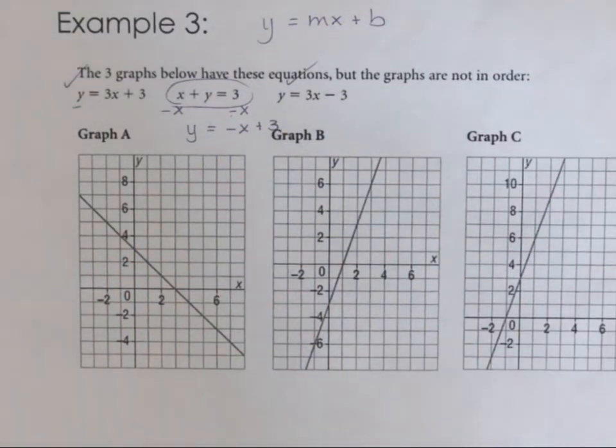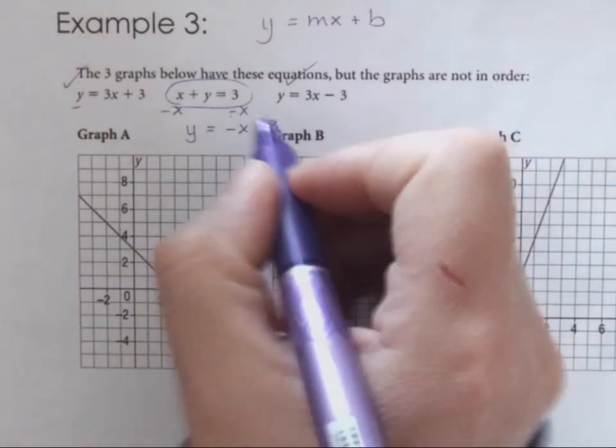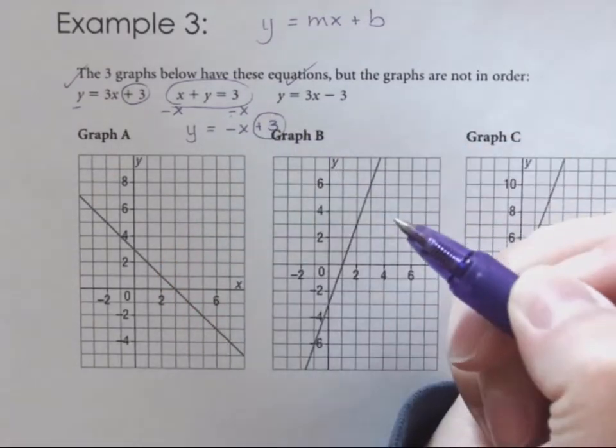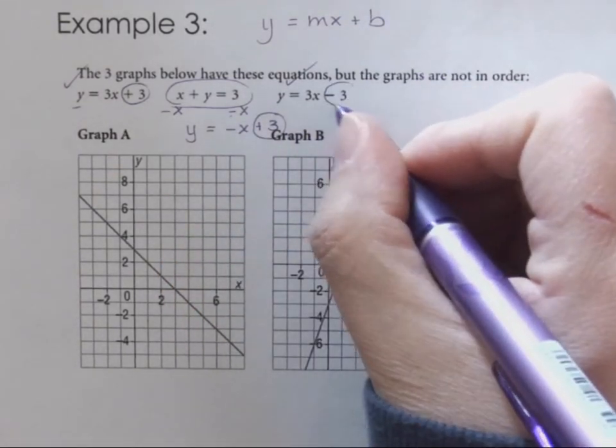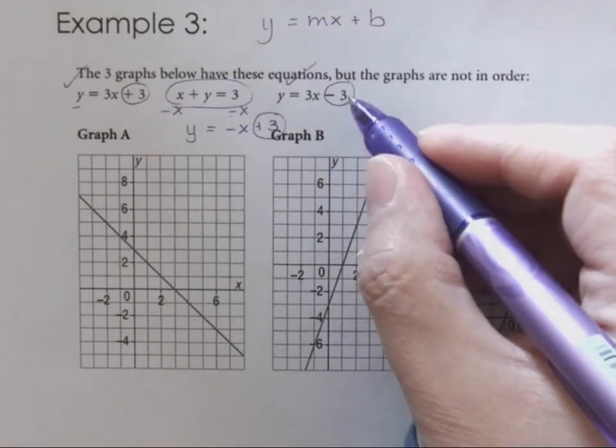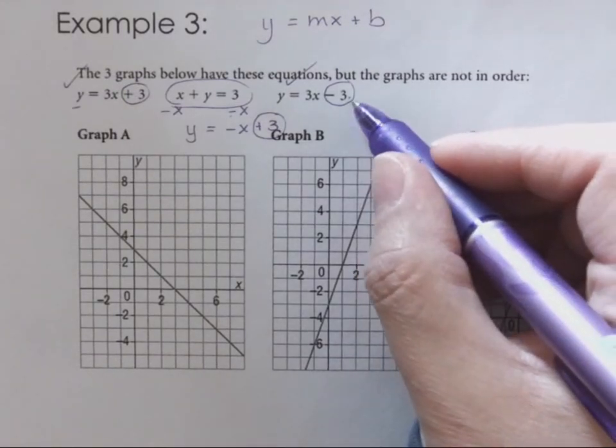Okay, so I know that I have a graph that crosses at +3, a graph that crosses at +3, and a graph that crosses at -3. Well, all I have to do is find the one that crosses at -3, and I'm pretty good, because that will definitely be the one that crosses at -3.